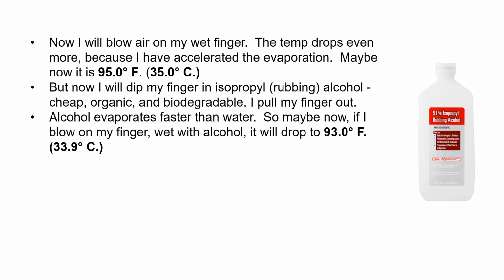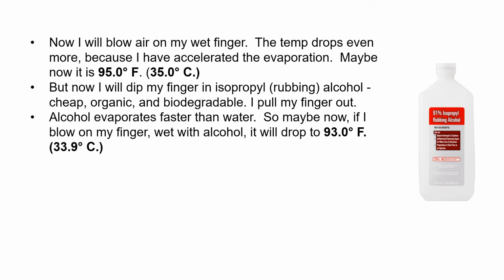Now I will blow air on my wet finger. The temperature drops even more because I've accelerated the evaporation. Maybe now it's 95.0. But now I will dip my finger in isopropyl rubbing alcohol, cheap, organic, and biodegradable. I pull my finger out. Alcohol evaporates faster than water.